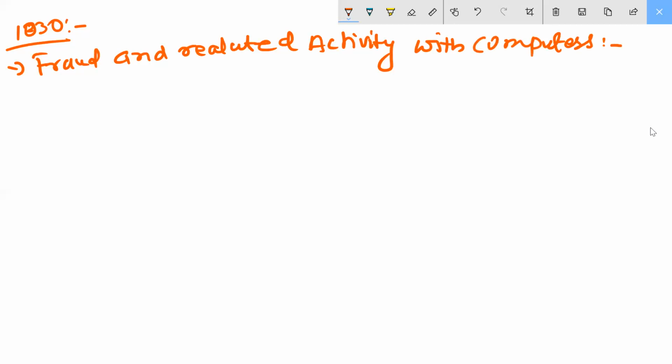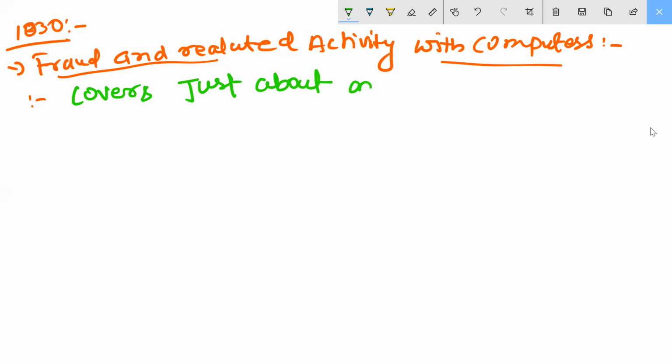Write some points in there. Over just about any computers. You can check here, it is telling you it covers just about any computer or devices connected to a network.